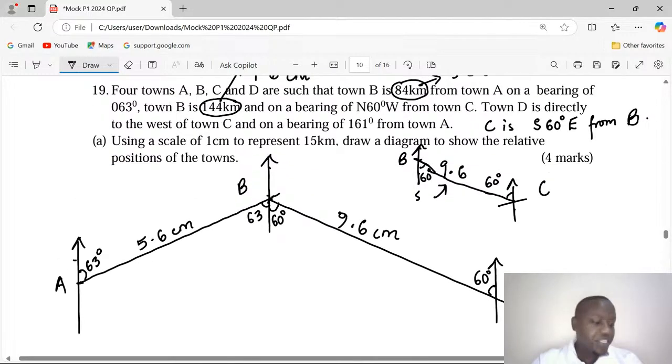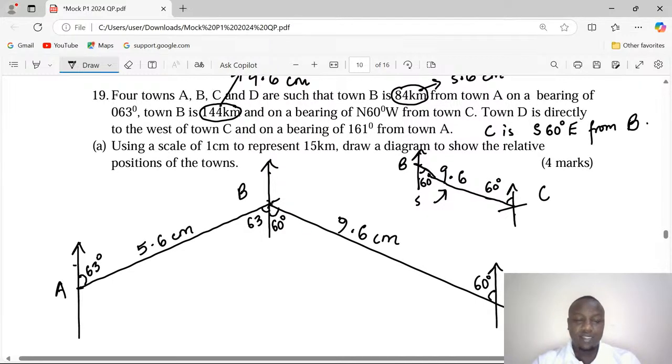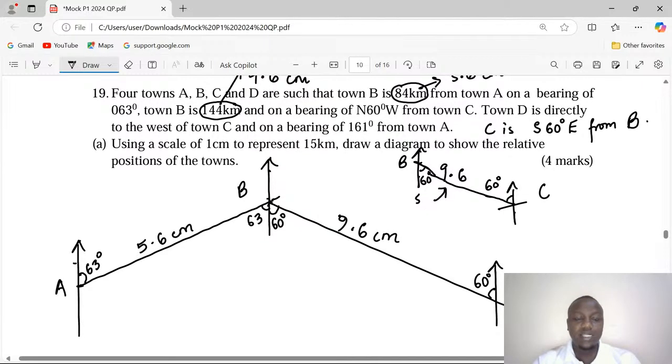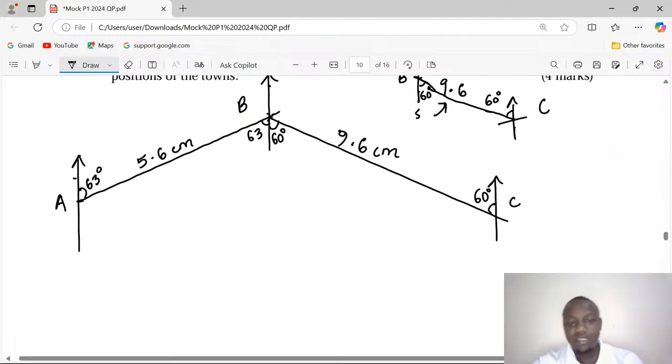And we continue interpreting. Town D is directly to the west. So that means to the west of town C, which means we'll move directly to the left.